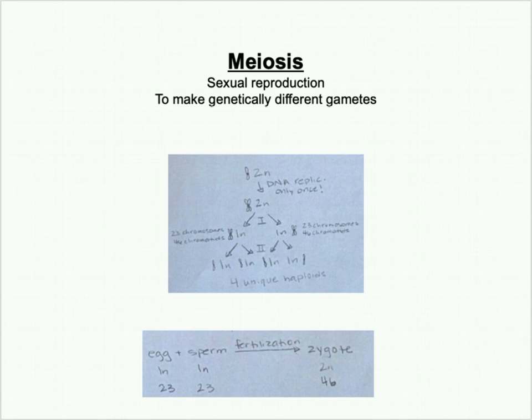Meiosis is for sexual reproduction so that we can make genetically different gametes. Gametes are our sex cells, which are the egg cells and the sperm cells. And this is what I normally would write on the board. So let's talk about the summary of meiosis. In meiosis, we start off with our diploid cells, which are 46 chromosomes, and then we undergo DNA replication, but only once.